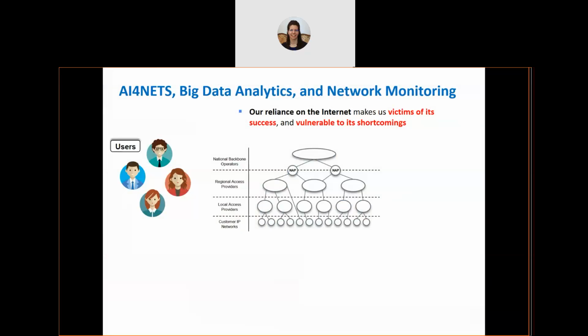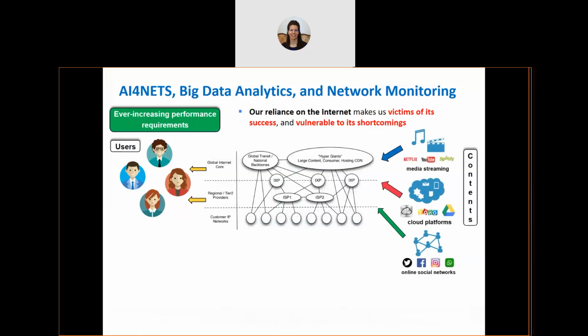A more modeling approach of systems is difficult, because the reality is that the internet today is a bit tangled. Here I have a picture of what was meant to be a traditional internet-like network, a very structured network with different levels for autonomous systems. But today the internet serves mainly two big applications.